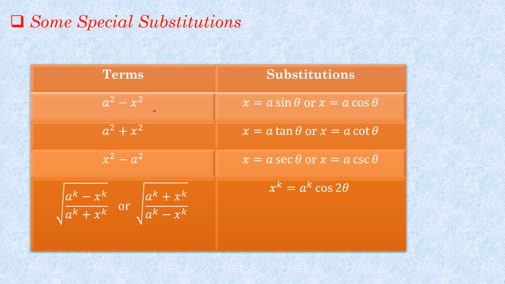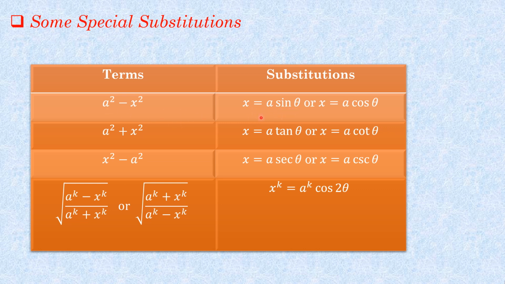In all cases we take the substitution for x as x is equal to a sin theta, or you may take x is equal to a cos theta, but in general we take x is equal to a sin theta. Why do we take x is equal to a sin theta in this case?